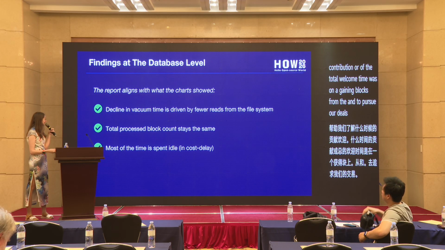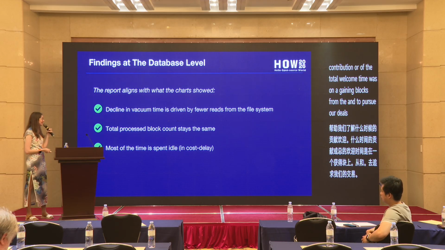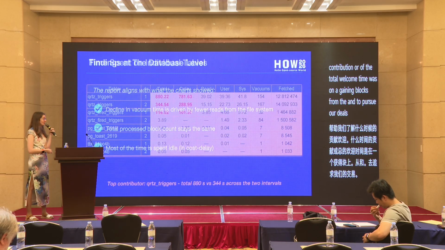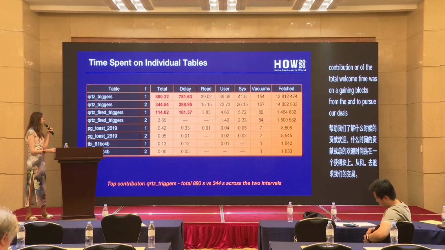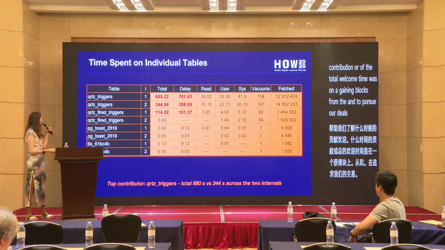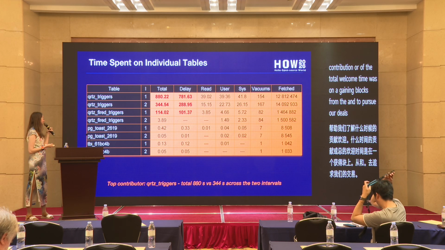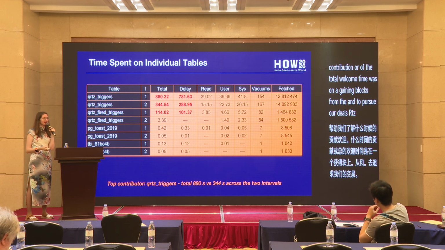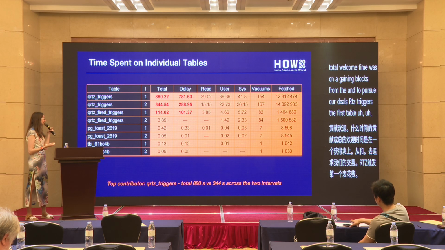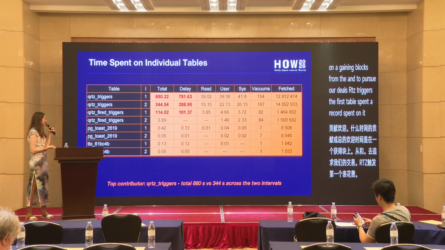So it's declining. It mostly means for us that something is wrong, and such objects need our attention immediately. And we tried to investigate which tables made contributions to our database. You can notice that QRTZ triggers, the first table, vacuum spent most of the time on it.